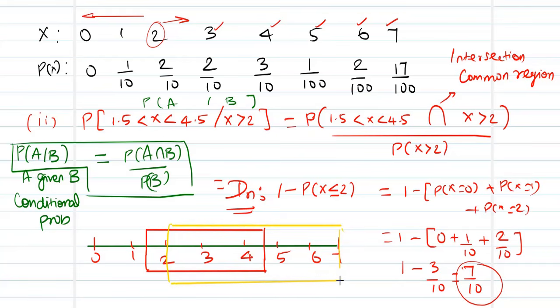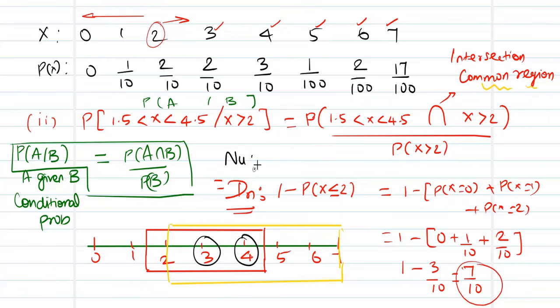Now quickly we can visualize which is going to be the common portion for both of them, your common region. So what are the numbers which are in both the red rectangle as well as the yellow rectangle? The numbers are nothing but 3 and 4. So what is happening in your numerator?